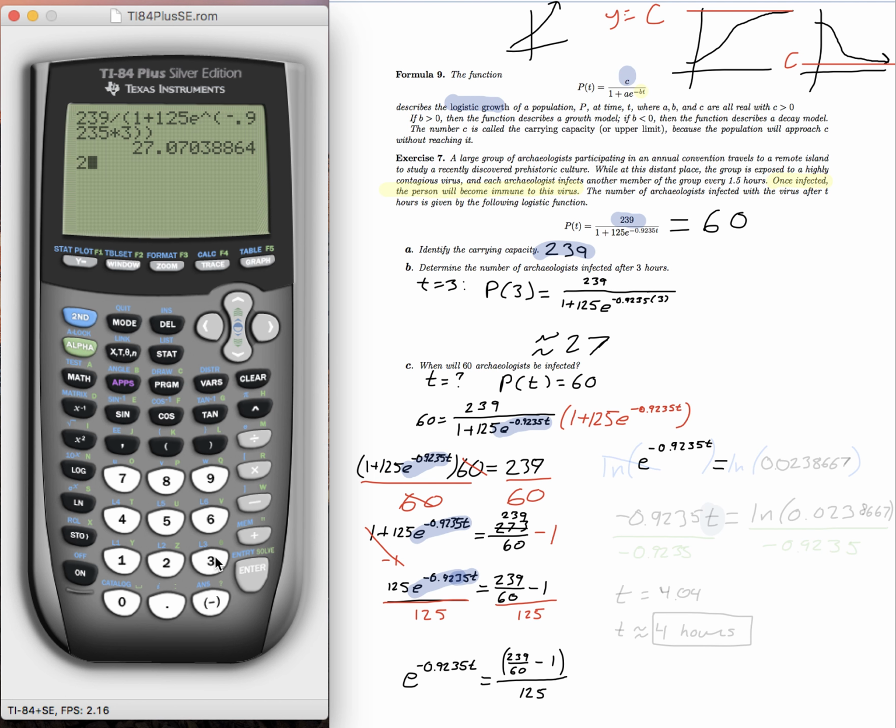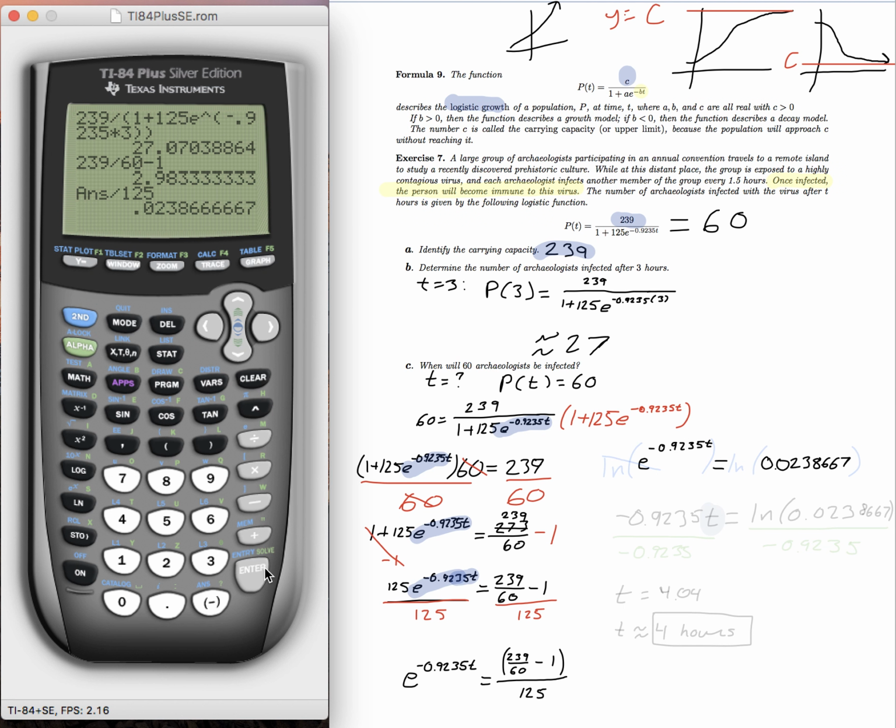I am coming up with 0.0238667. Okay, now we're almost there, I promise. We've got e by itself. If we're solving an exponential equation, that is the first goal.